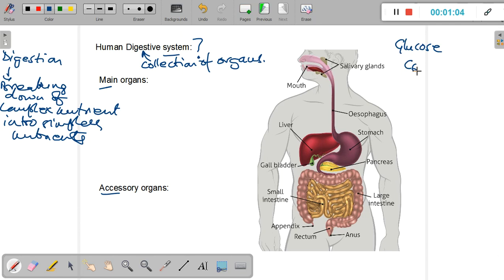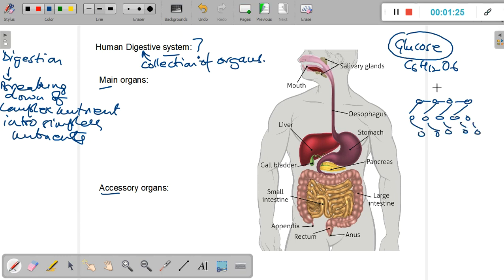The formula for glucose is C6H12O6, and if a large number of glucose molecules are connected together in a certain special way, we are going to get another complex carbohydrate which is called starch.